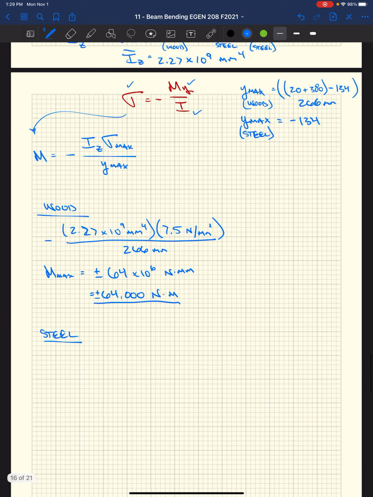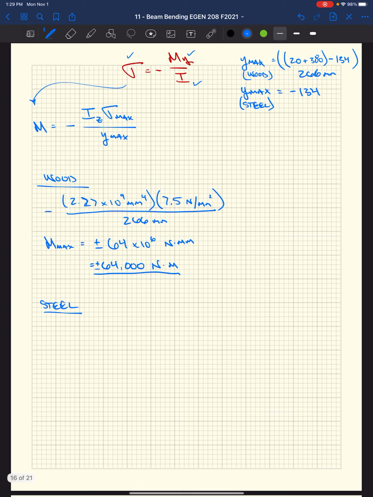And like we talked about on Friday, in order to do this, our stress equation now becomes negative N times M times Y over I, right? And if we were to rearrange that, our moment now is our moment of inertia times our stress divided by N times Y, right?